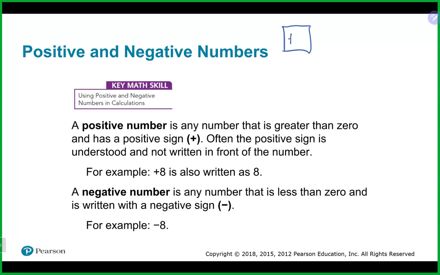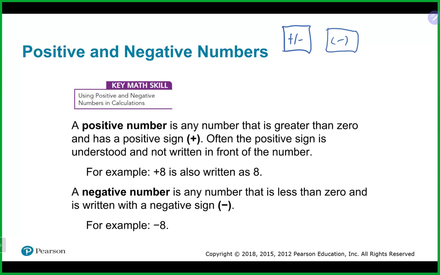And that is the negative button, I call it. On most people's calculators, they look like one of these 2 buttons. That is what you should use if you need to put a number into your calculator that is negative. You should not use the subtract button, or you probably will get an error. So you want to make sure you use one of these buttons when you do that.